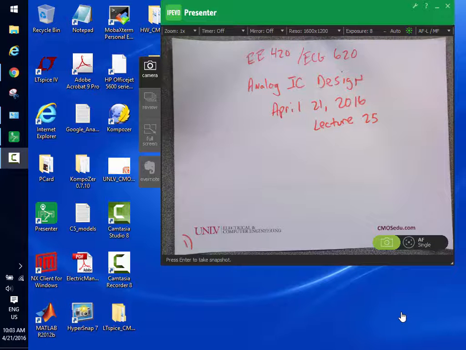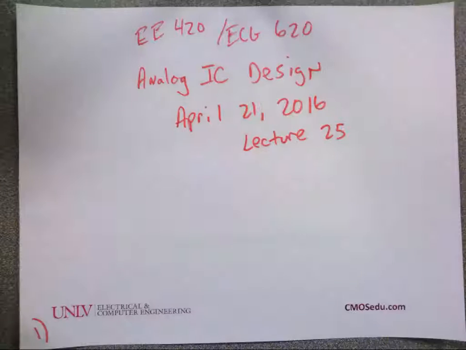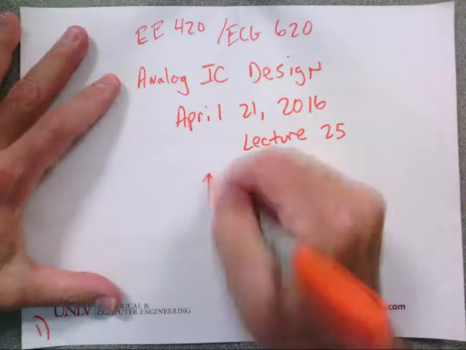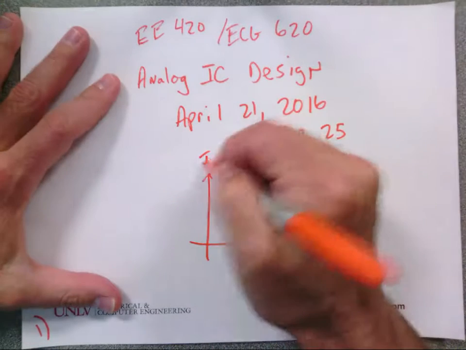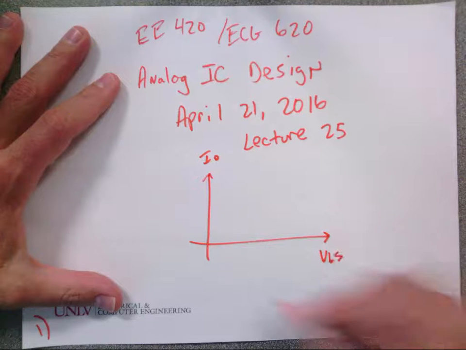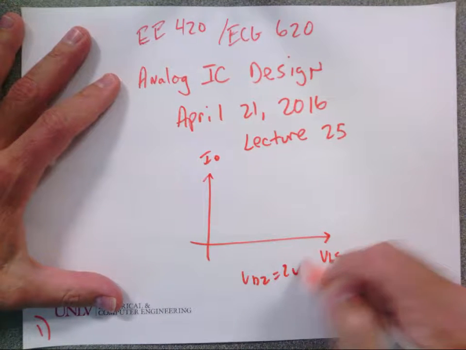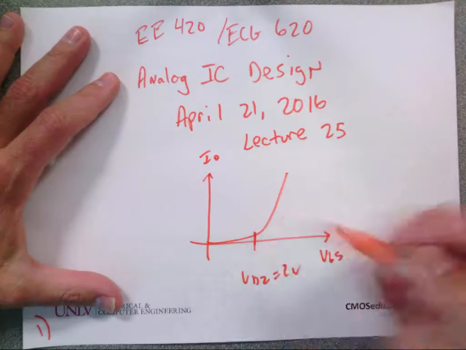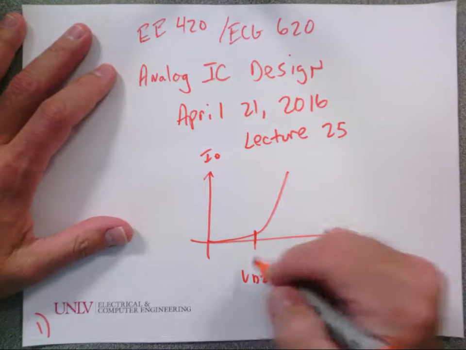That's why you need the sims from chapter 9, to pull FT and the gm and all that, because you can get the KP. You could plot ID versus VGS for VDS equal to 2 volts, and you get a curve that looks like this, and you can read the VTO off the data sheet, it's 0.8.